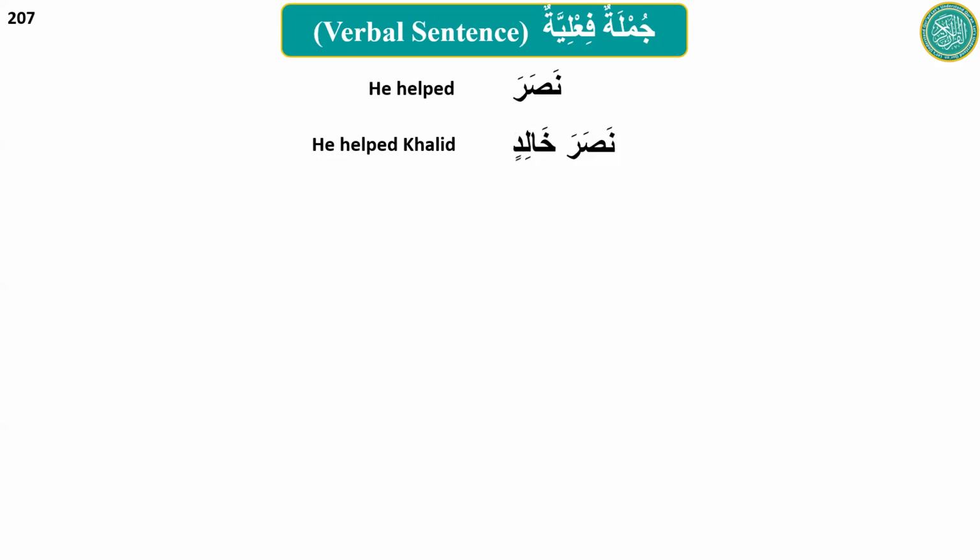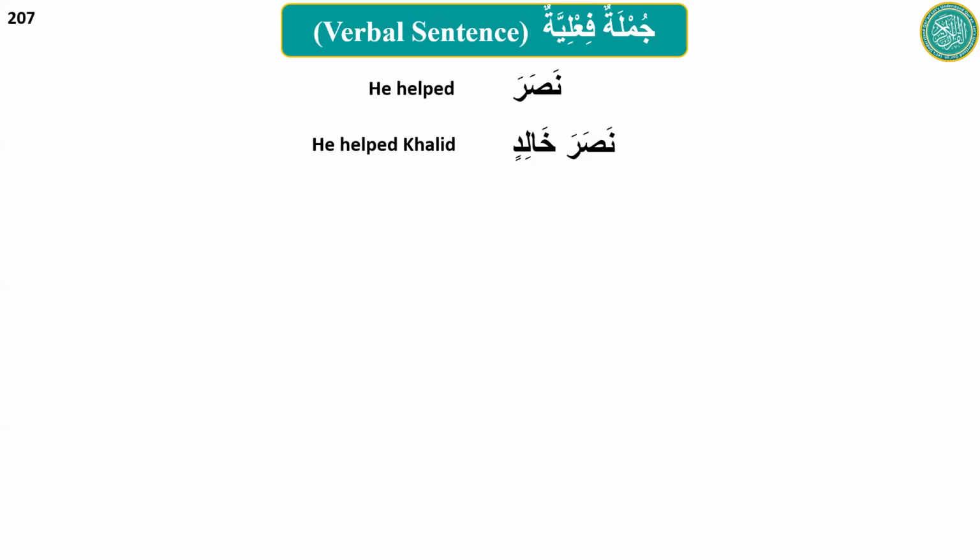But before I go to Khalidan, why can it not be Khalidin? Because the status is wrong. Why is it wrong? What is the status of Khalidin? Rafa, Nasab or Jar? It's jar. For an ism to be in jar status, what could be the reasons?